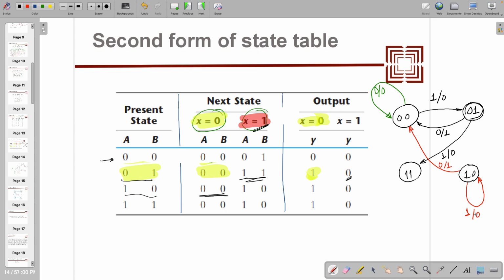Same way, if it is 1 1, next state is 0 0, with x equal to 0 and output 1, and in the case of x equal to 1, it will go to 1 0, with 1 oblique 0.